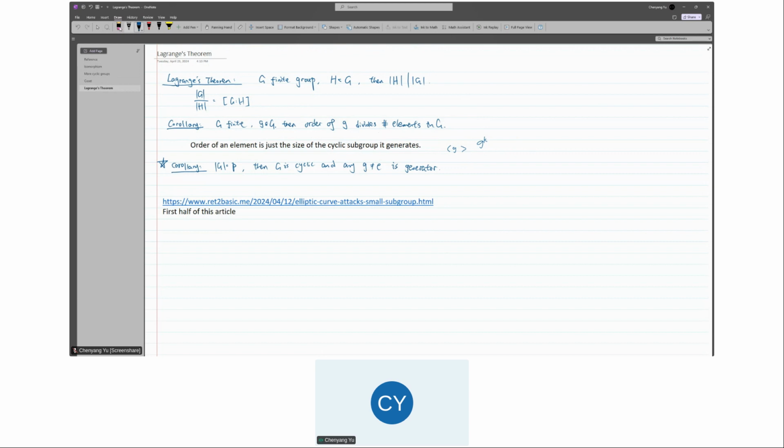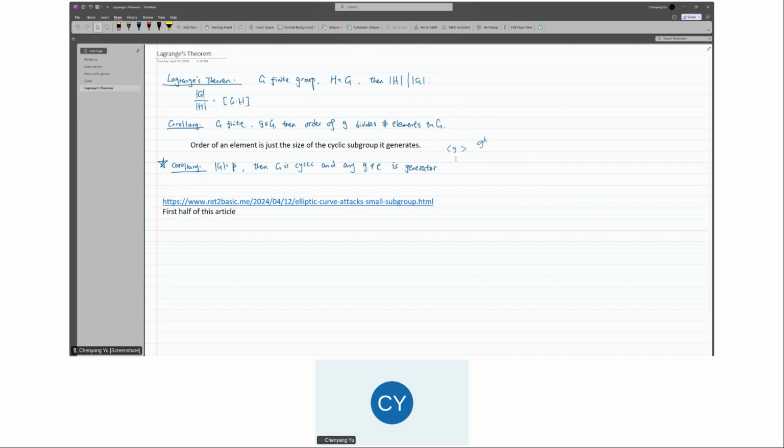We consider this cyclic subgroup generated by g, and we apply Lagrange's theorem on it. Since it is a cyclic subgroup, it is a subgroup of G, so the order of this subgroup must divide the order of the big G. Recall that the order of the generator is just the size of the cyclic subgroup.